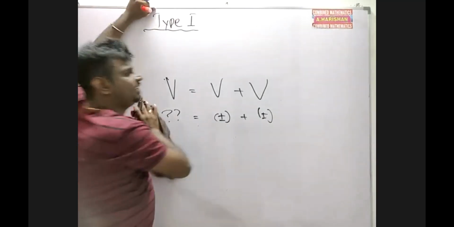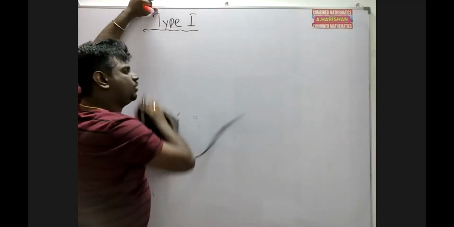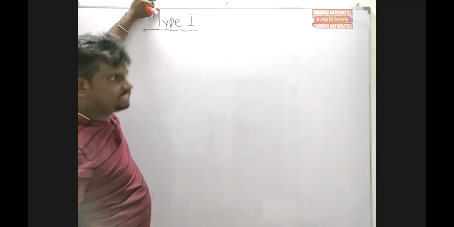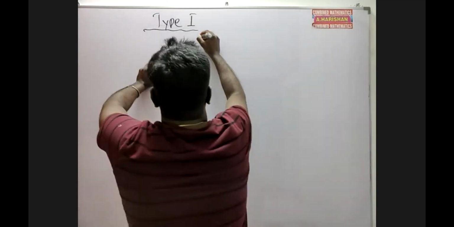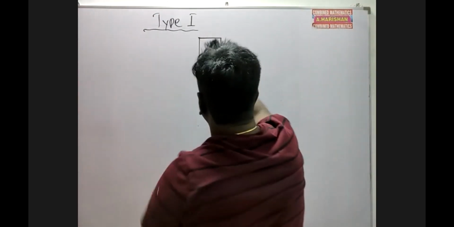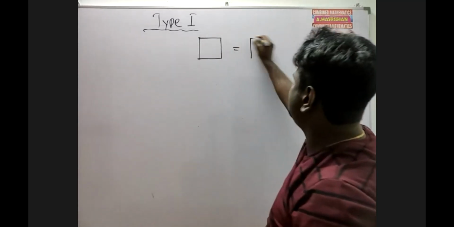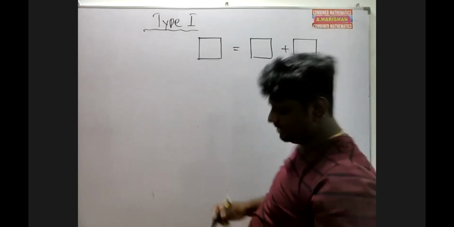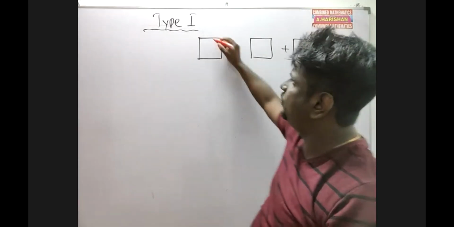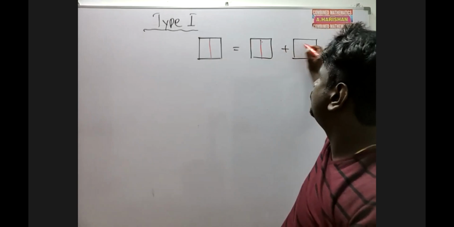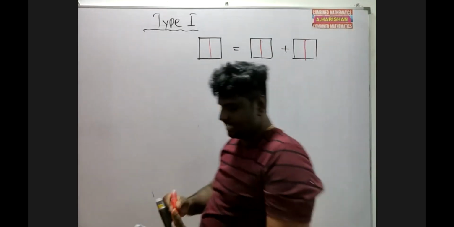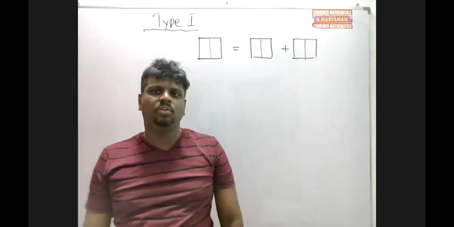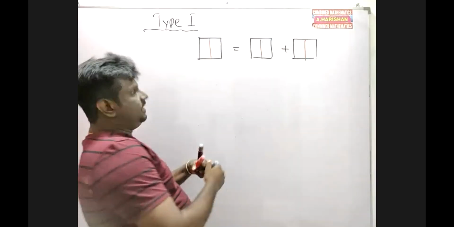I'll go through one example, then you will understand what I'm talking about. It's a very famous method, but even though it's famous, you need to know the technique, and the technique is always different.